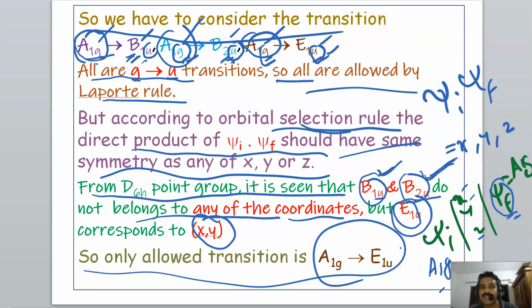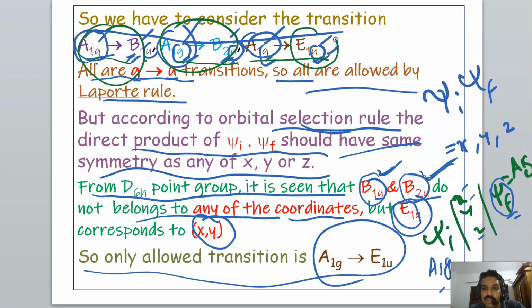Okay, can you follow me? There are three excited states: B1U, B2U, and E1U. And there are three transitions possible: A1G to B1U, A1G to B2U, A1G to E1U. All are symmetry allowed or Laporte allowed, but by checking the orbital selection rule, we can see that these two transitions are not allowed because their symmetry does not belong to the XYZ coordinates.